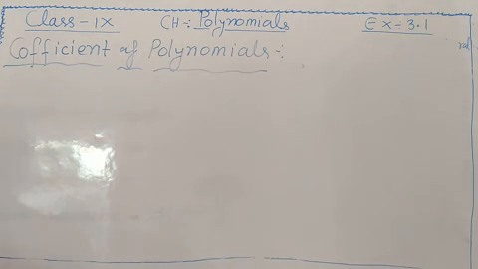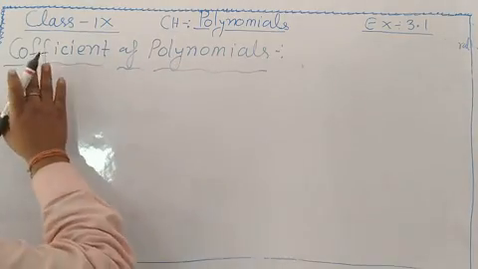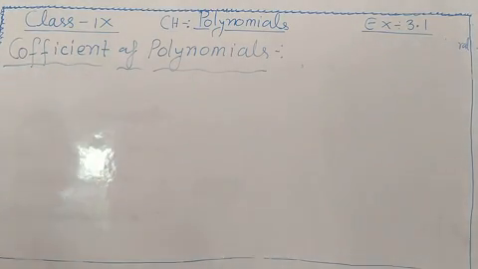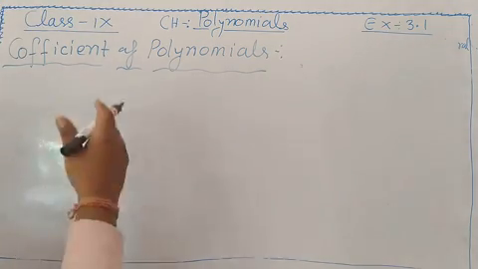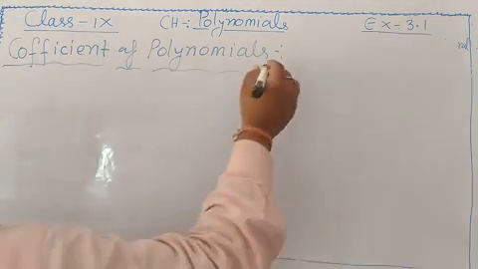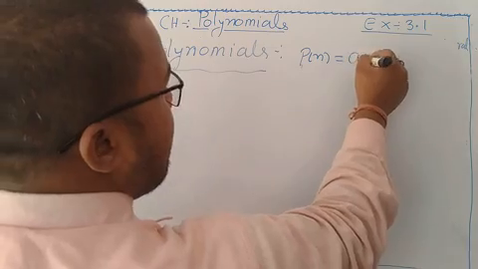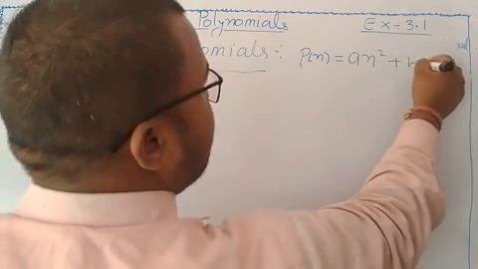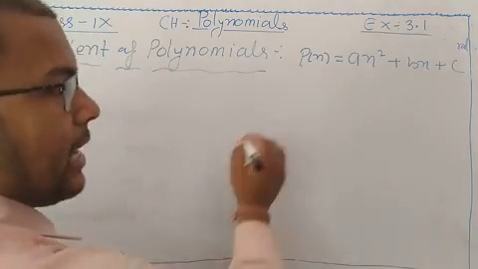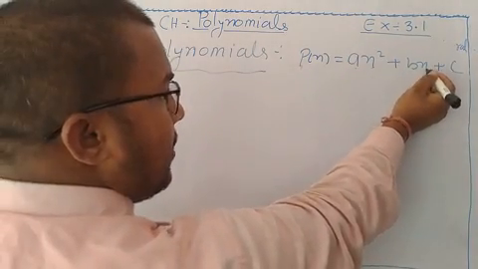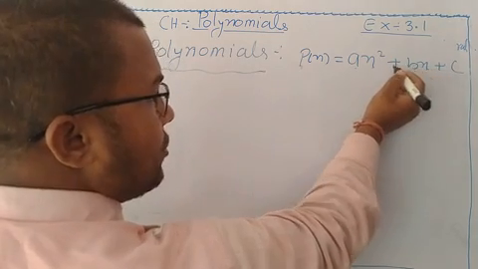Next topic is related to exercise 3.1: coefficient of polynomials. Coefficient of polynomials means the factor of the algebraic expression. For p(x) = ax² + bx + c, x is the variable, and a and b are constants.